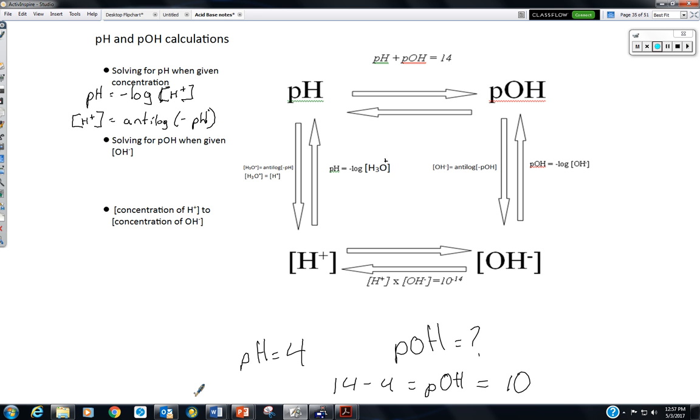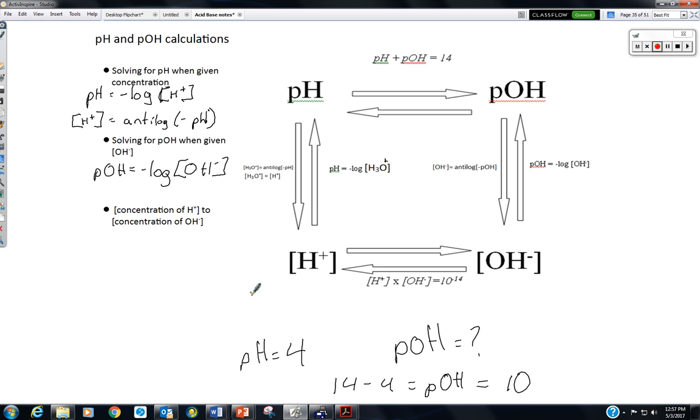All right. Now, similar situation if we're dealing with pOH. If we want to know the pOH and we're given a concentration of hydroxide, we can find the pOH by taking the negative log, and it's the same formula, negative log of OH negative.